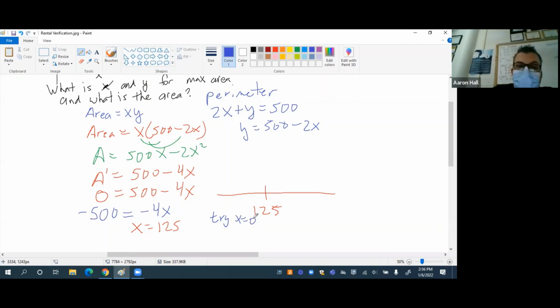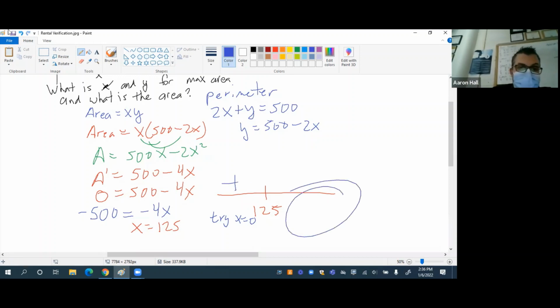If I plug 0 into my derivative here, what does that give me, a positive value or a negative value? So this becomes 0. Do I have a positive or negative value? Yeah, I have 500, so that's positive.